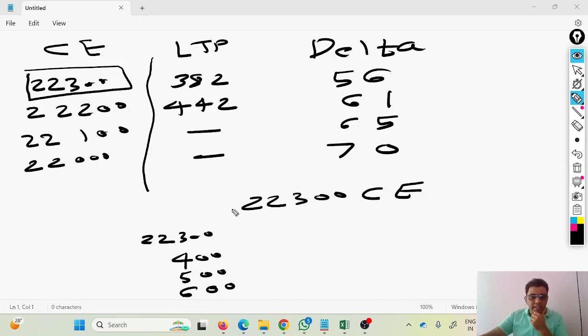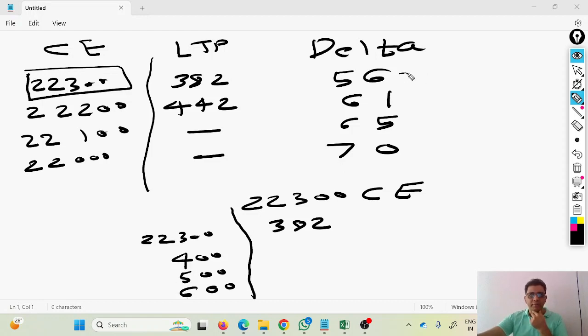At present, currently its value is how much? It's the value 382. Again, listen to it carefully. Currently the market is at 22,300. I have bought the 22,300 call option at the price of 382. And I am assuming that the market is going from 300 to 400, 500 and 600.